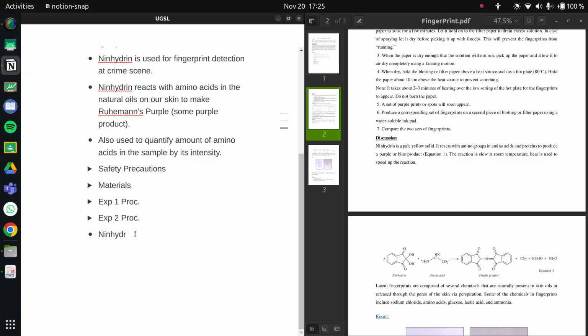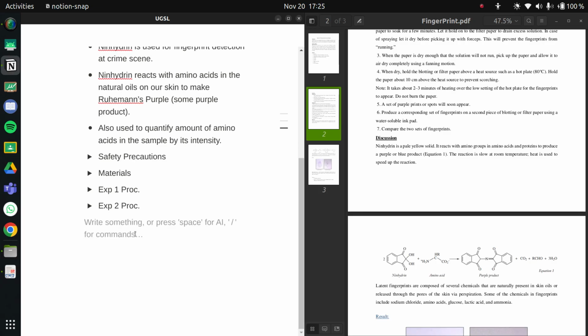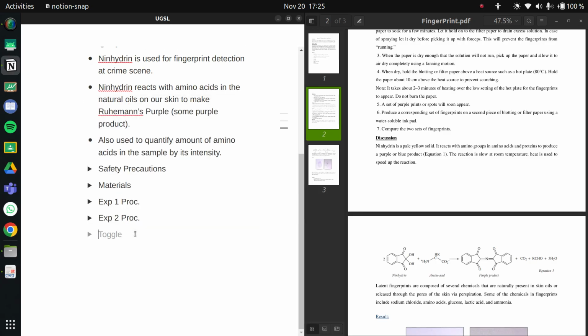Actually, no, I'm just gonna write it as properties of ninhydrin. Sure. So it's a pale yellow solid. Reacts with amino groups, amino acids, and proteins to produce a purple or blue product. This reaction is slow at room temperature. Heat is used to speed up the reaction.